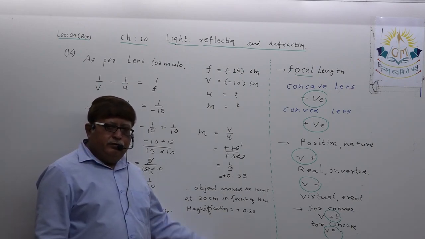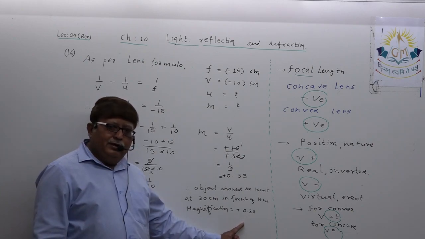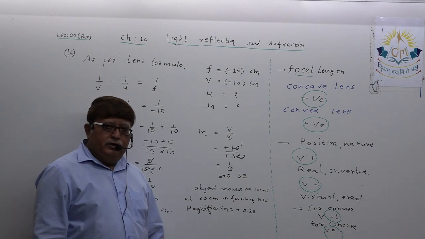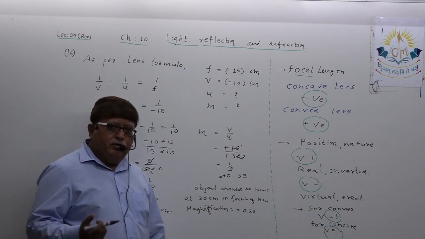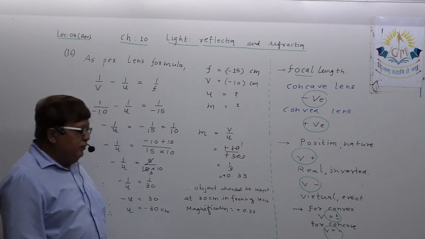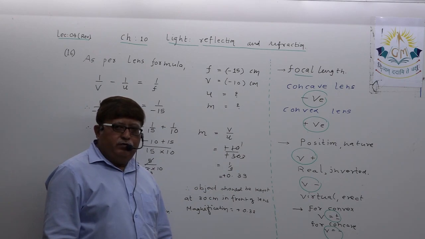Though in this particular example, nowhere it has been asked to you to mention the nature. You are only asked where the object is kept. Nothing else you have been asked. And you are just asked to find the value of magnification.